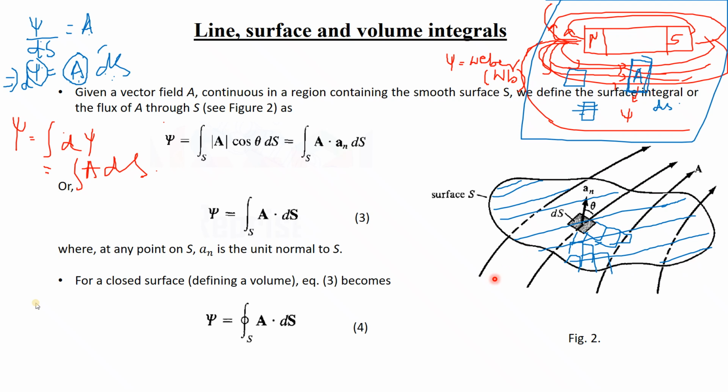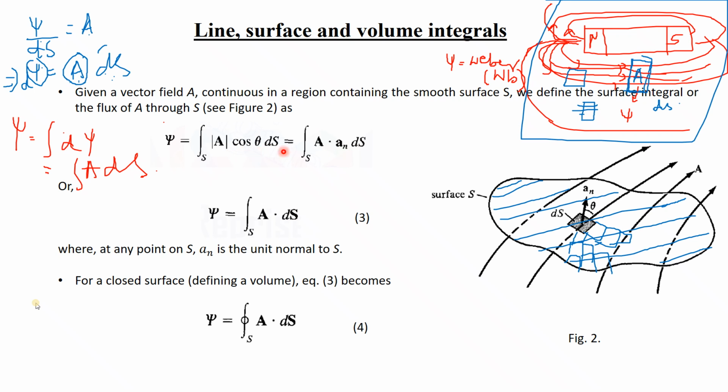So that parameter will be a scalar parameter. Okay, so what is the vector associated with this area? The amount associated with this area will be the surface integral of that vector.